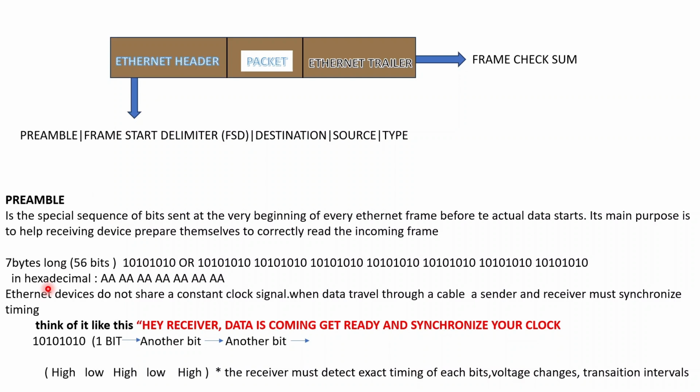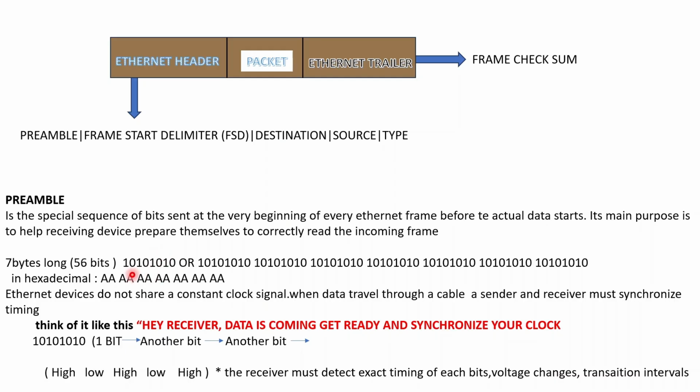The preamble is 7 bytes long, which is 10101010. You remember in the first layer of the OSI model, which is the physical layer, the physical layer uses these bits 101010 kutransfer hiyo data kutoka the source to the destination in terms of the electrical signal.